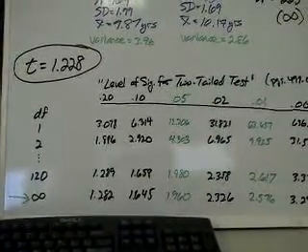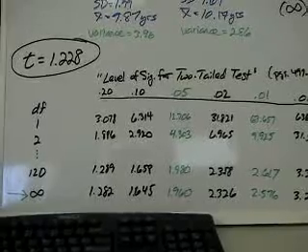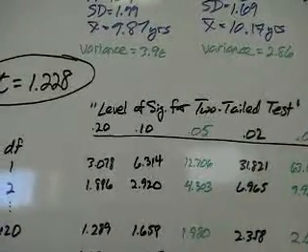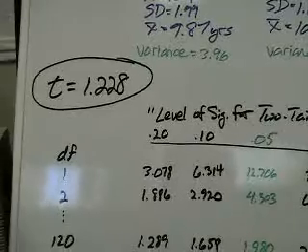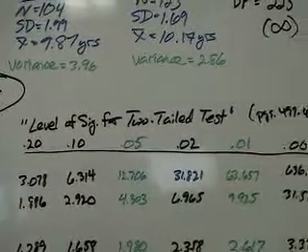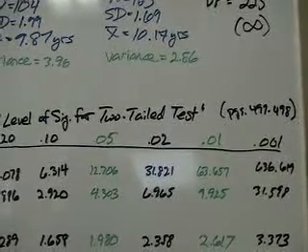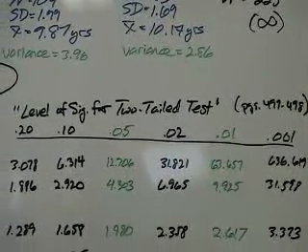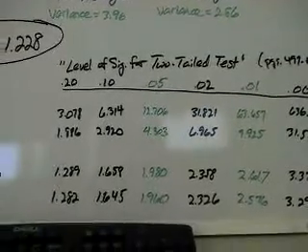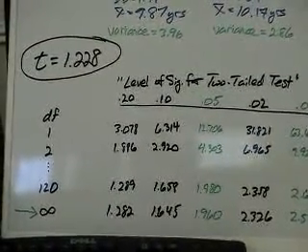So that means we're going to look at our levels of significance. Now you read this table quite a bit differently than the standard normal table. Our levels of significance, our thresholds, are across the top. And in your book it lists from 0.20 to 0.10, 0.05, 0.02, 0.01, and 0.001. We're just going to use 0.05 and 0.01, which is what's most commonly used in the research. So I've written those in green. Our final t-score is 1.228.